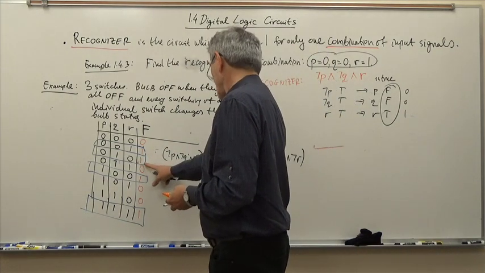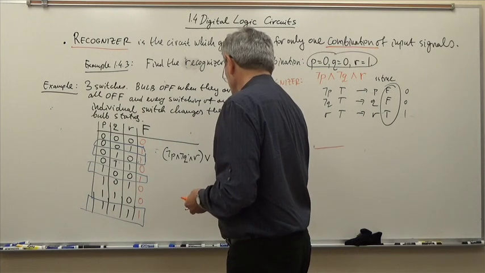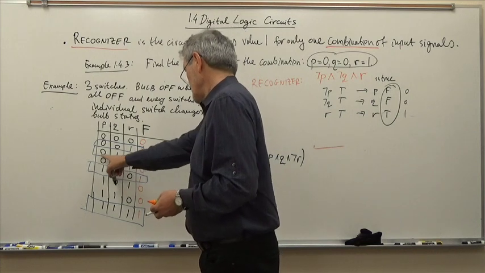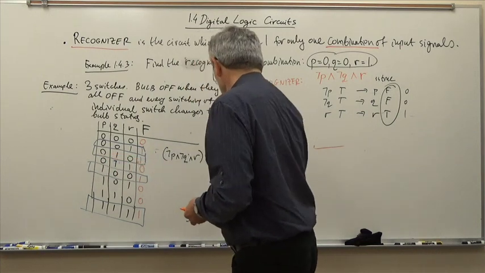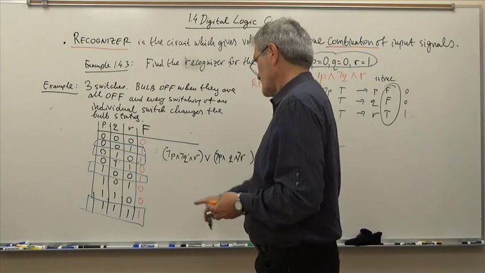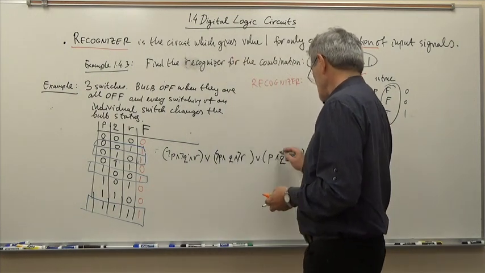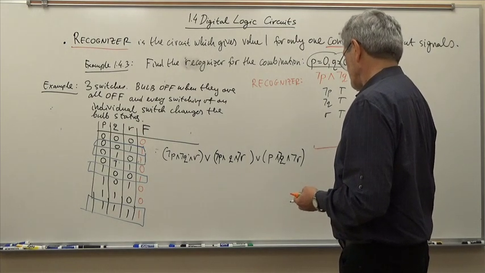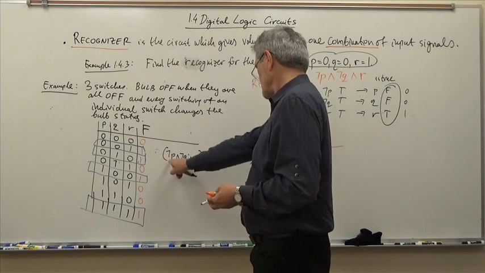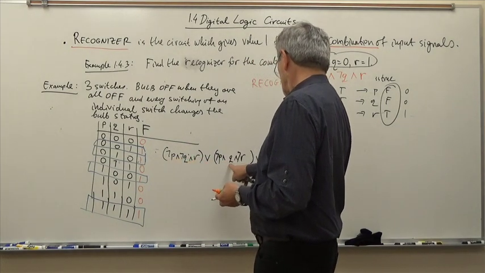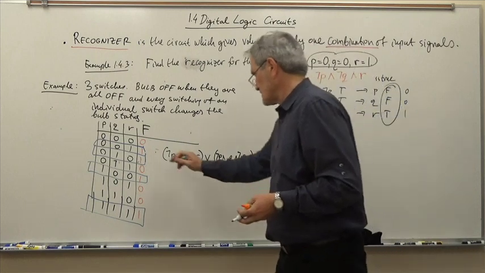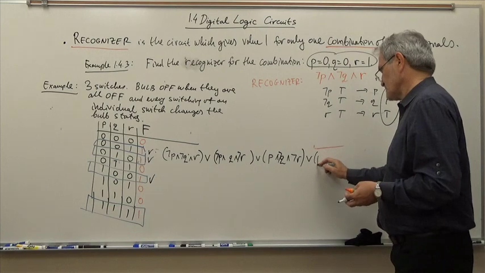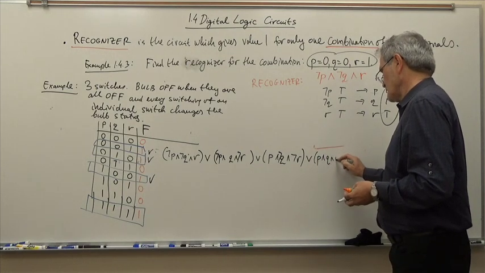So this one has a negation on P, true on Q and negation on R. The second one: negation on P, true on Q, and negation on R. This one has true on P and negation on Q and R. So R is the only one true, Q is the only one true, P is the only one true. So I check these three lines, and then the line where all three of them are true: P and Q and R. Here it is.